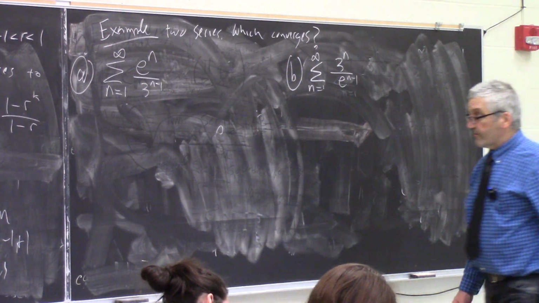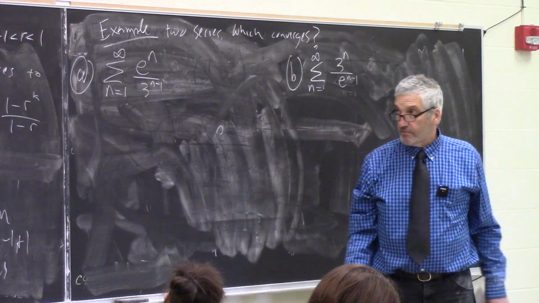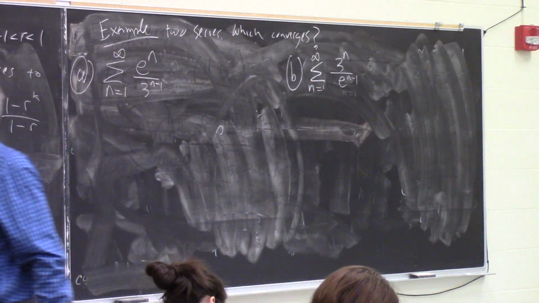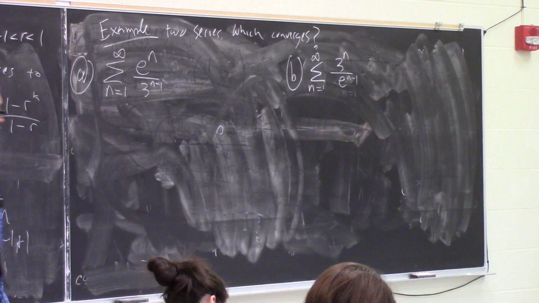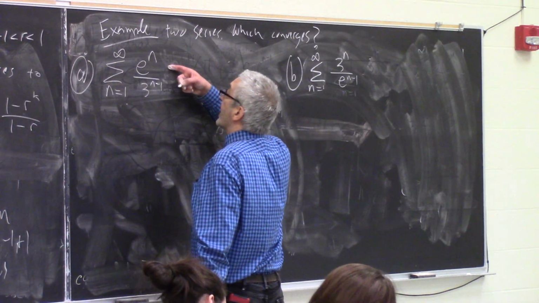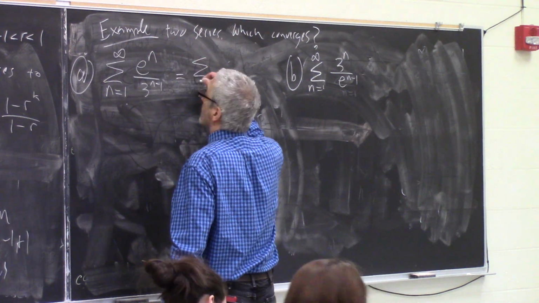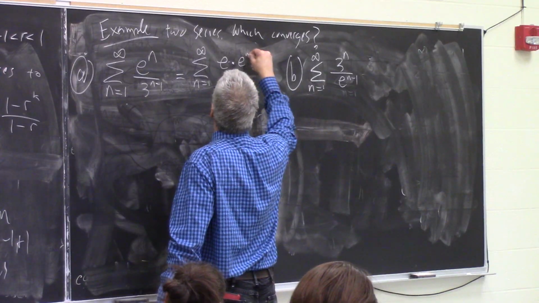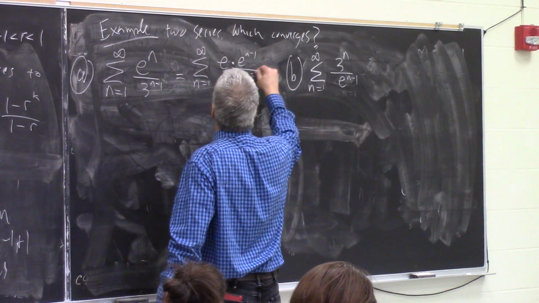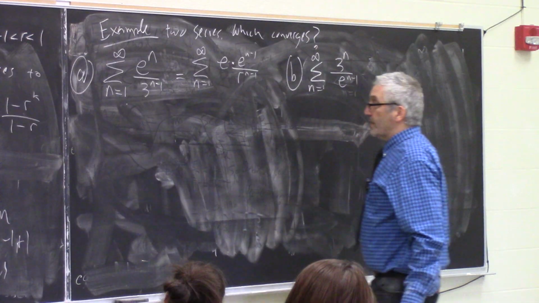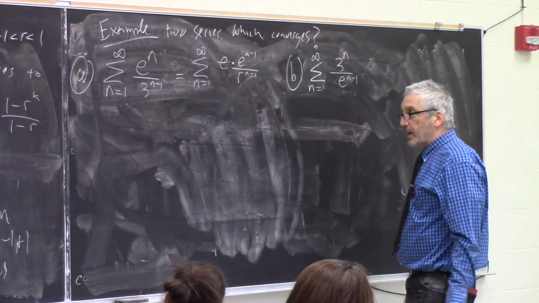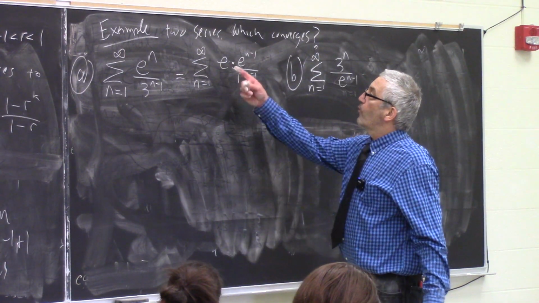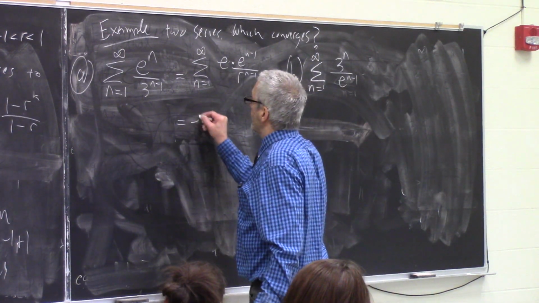Well, let's get this in the form that's more familiar. We want to get it in the form of some number r raised to the n minus 1 power. So let's break off a factor of e. So we have e times e to the n minus 1 over 3 to the n minus 1. Now the book doesn't do this, but we can do that. I think you can believe me that we can pull that e outside.